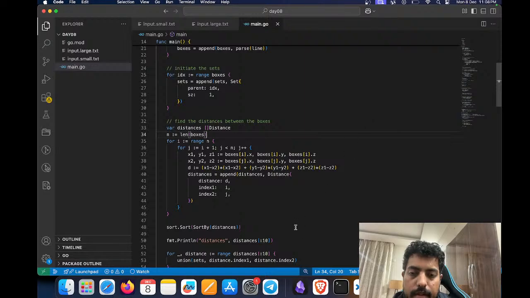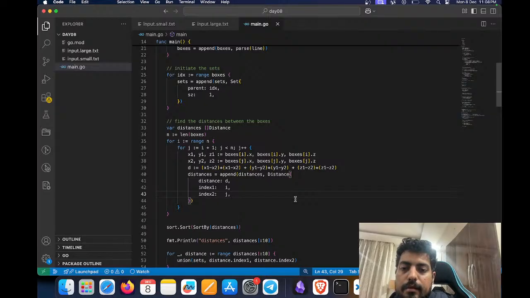Distances is actually distances comma distance, which is ij, which is fine. So I'm taking both the indexes. Am I missing something here? Like, am I missing a pair?